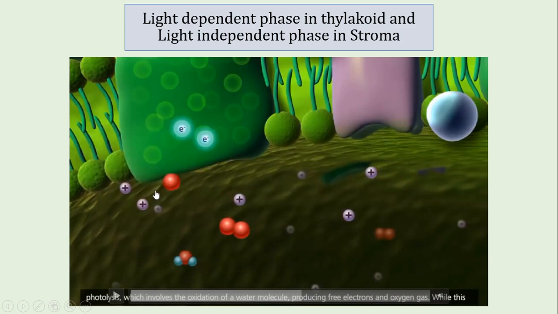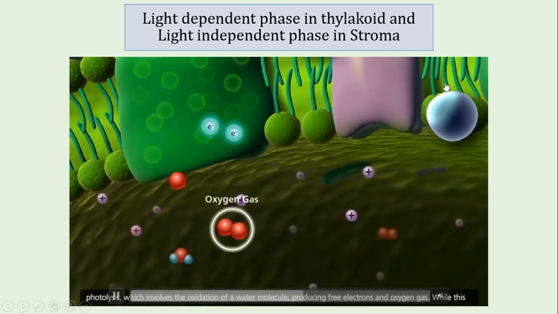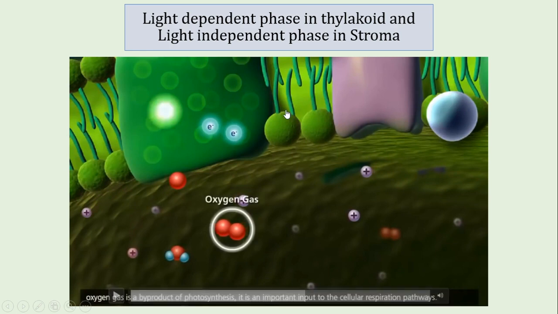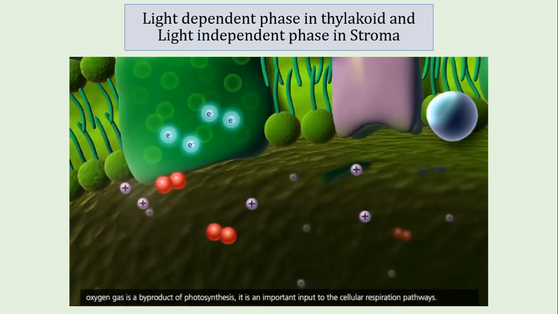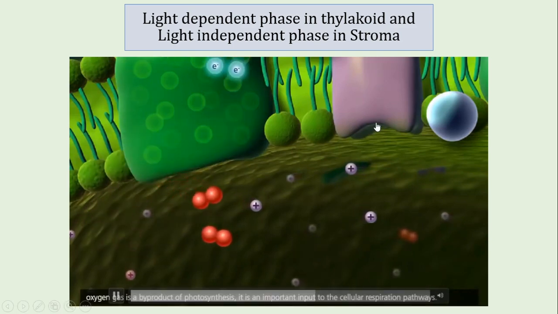If 2 oxygen atoms are formed, they merge together to produce a single oxygen molecule. This process is called photolysis, as we know already. By this process oxygen is generated, which is the source of oxygen during photosynthesis. While this oxygen gas is a byproduct of photosynthesis, it is an important input to the cellular respiration pathways.